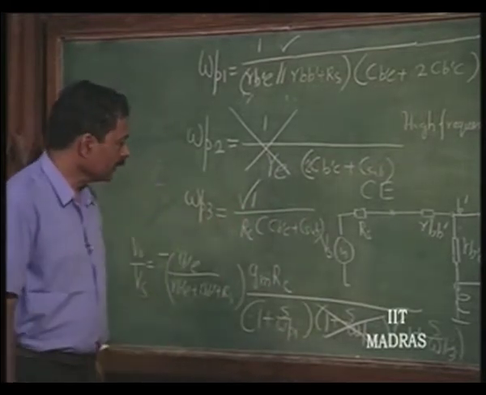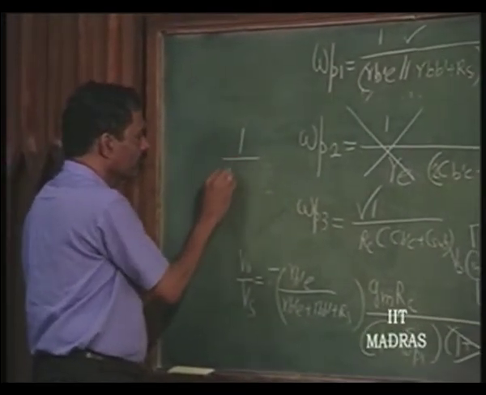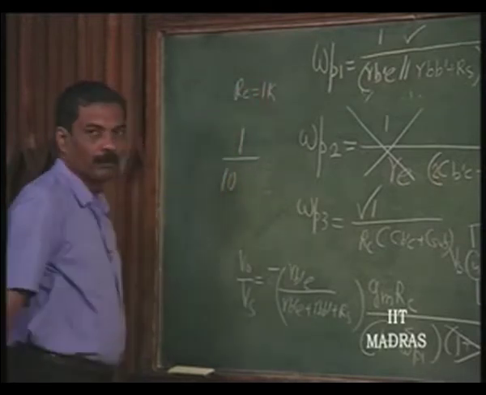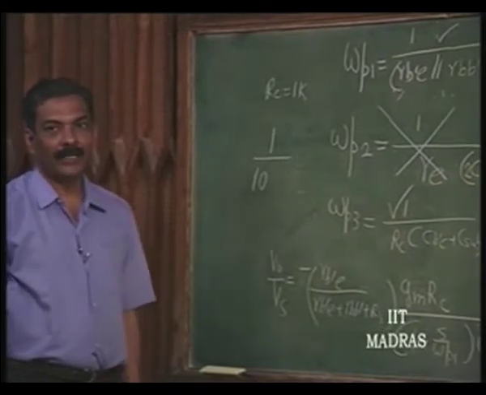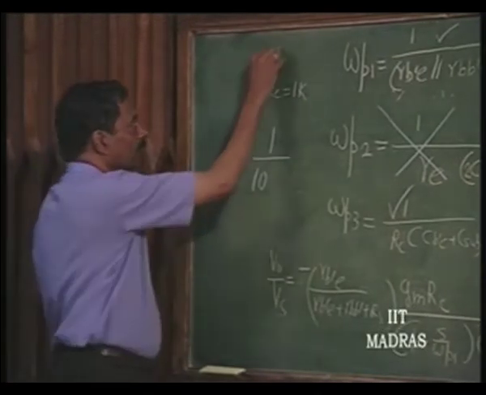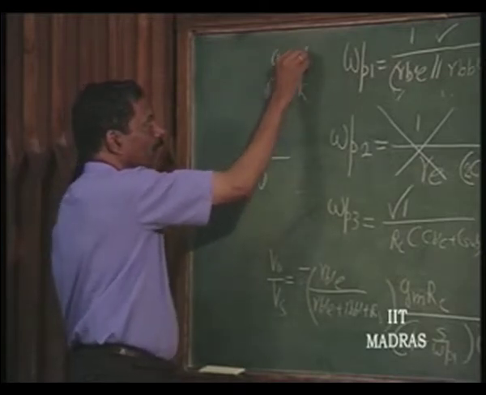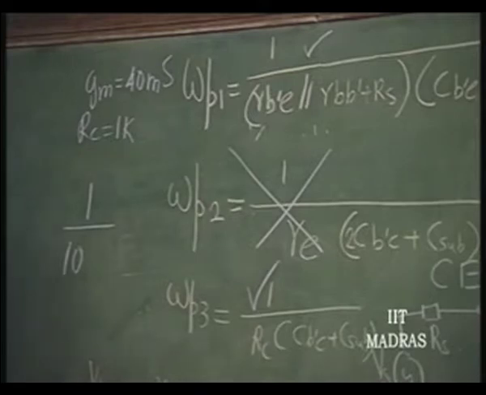Take typically Rc as, let us say, 1 kilo ohm. If you have Rc of 1 kilo ohm and gm, let us say, is 40 millisiemens, gm into Rc is going to be 40, a gain of 40.